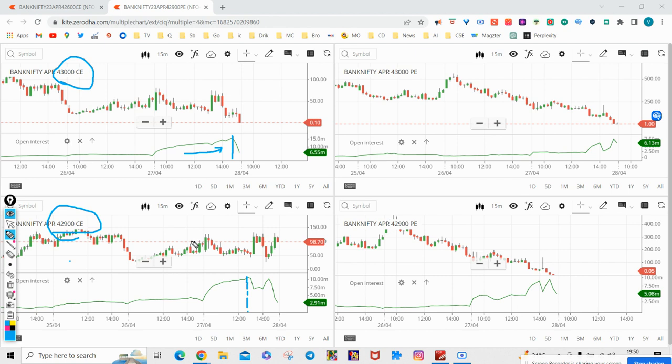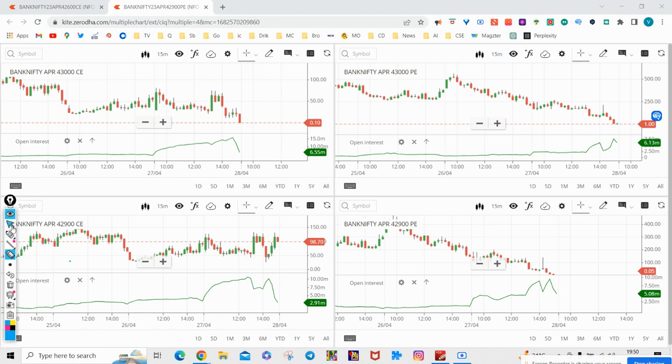So clearly, we must try to broadly understand through OI where the price can go and expire. For the expiry, it is very clear that price is closing above 42,900 and below 43,000, and this CE should expire worthless. That is the plan. That is why this call was totally managed perfectly by big players.